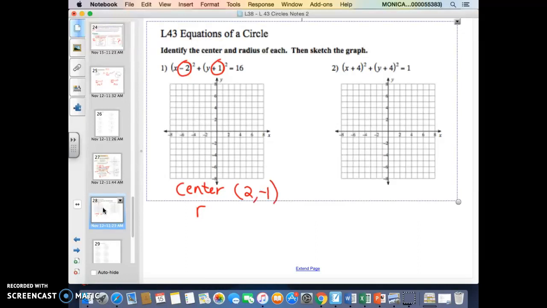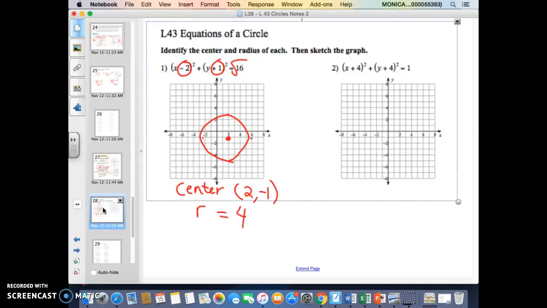It comes out opposite, and then my radius is the square root of 16, which is 4. So I'm going to plot 2, -1, and then I count 4 in every direction. And then I do my best to make a circle. And that's how you plot a circle. And that's not a very good circle.